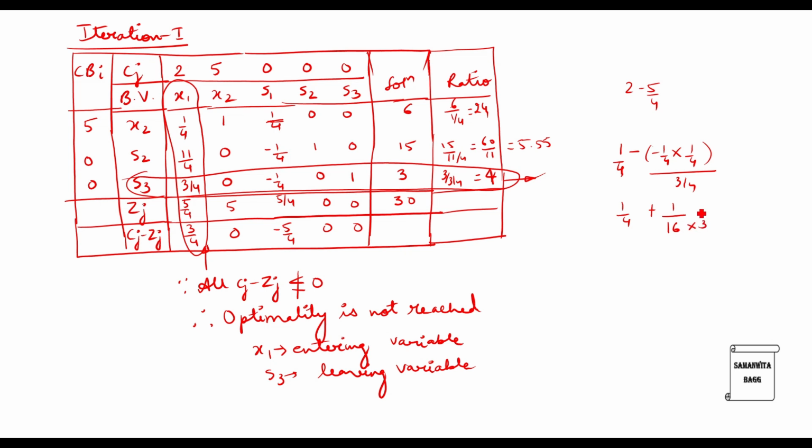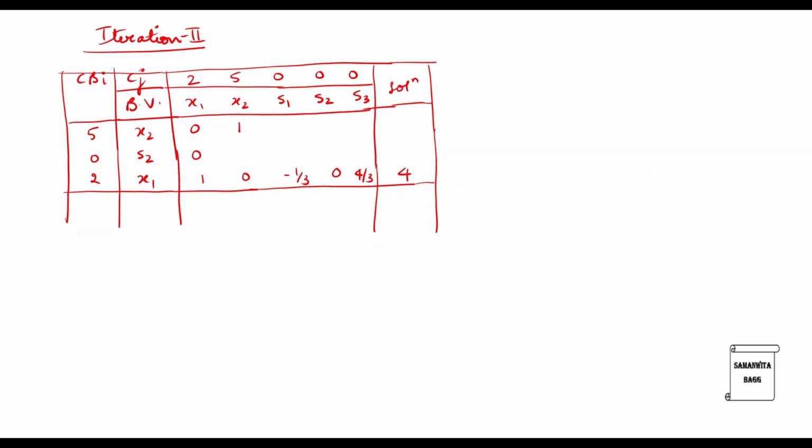So this will be 3 and this will be 4. Be careful. This 3 is in the denominator. This 4 gets shifted to the numerator. So this will be 4. So 1 by 4 plus 1 by 12. Denominator is 12. This will be 3 plus 1. That is 4 by 12. This is 1 by 3. That is this value over here.